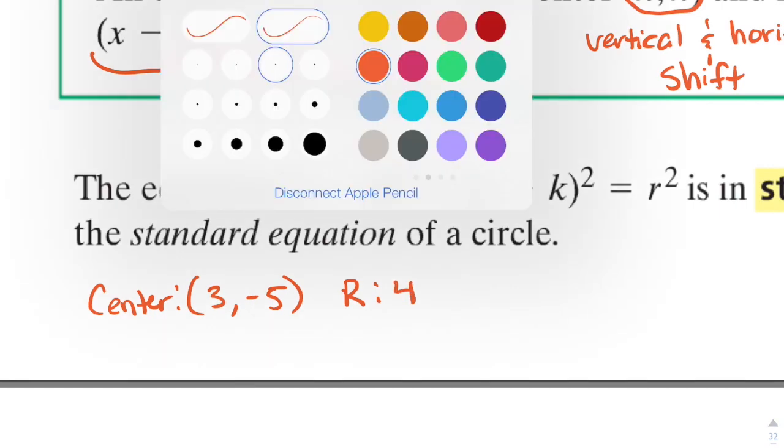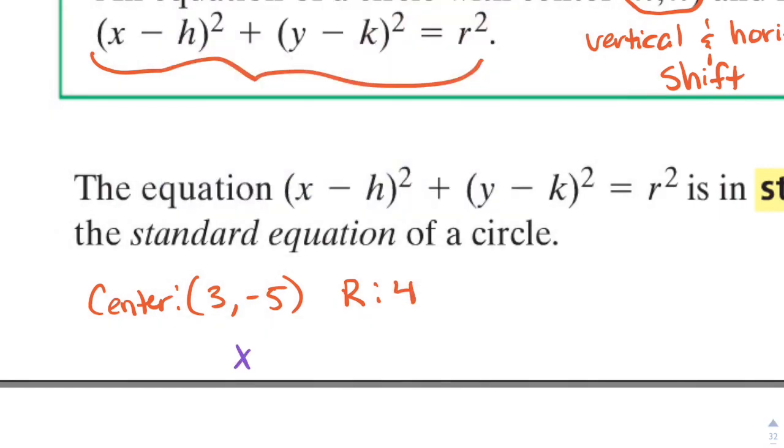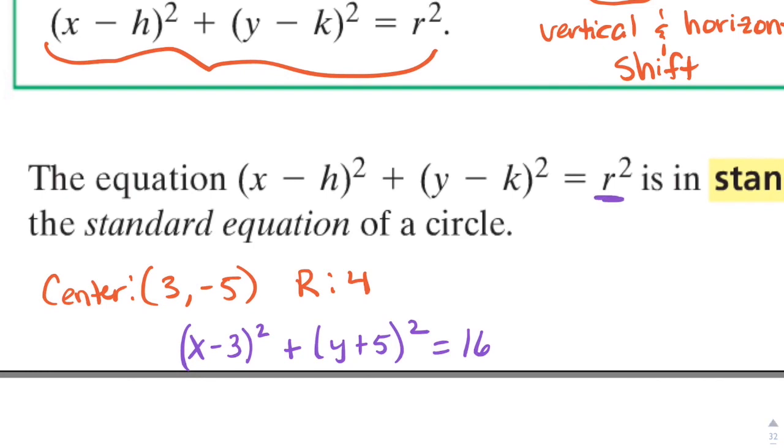Well, when I go to write an equation of a circle, it's going to be x minus 3 squared, because really it's a positive 3. I'm taking that away from x, so x minus 3 squared. And then the next one is going to be y plus 5, or minus a negative 5, squared. I'm just going to write it as a plus because I don't want to make it more complicated, squared equals 16, which is r squared.